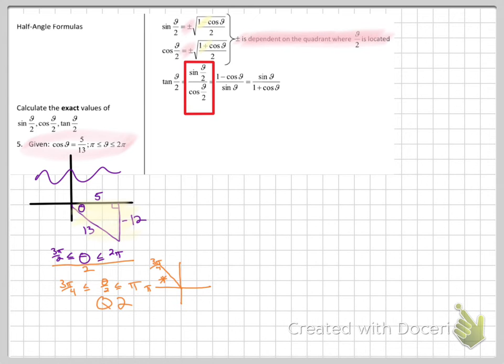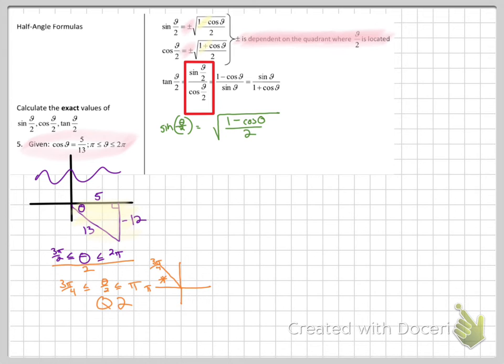So here we go. Sine of theta over 2. Equation for sine of theta over 2. I'm going to do the plus minus in a minute. Plus or minus the square root of 1 minus cosine theta over 2. Okay, we decided we're in quadrant 2. In quadrant 2, sine, which is the y value, is plus or minus?